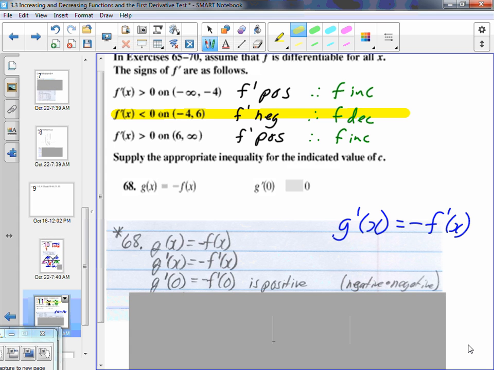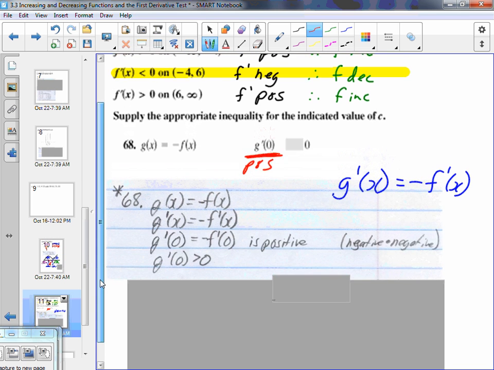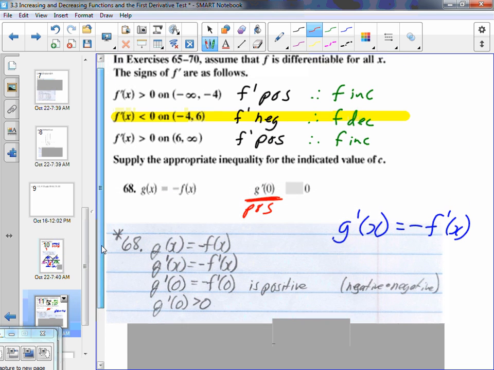So since f prime is negative when x equals 0, g prime must be positive when x equals 0. Well, if g prime of 0 is a positive number, is it less than 0 or greater than 0? Greater than 0. So our final answer is g prime of 0 is greater than 0.